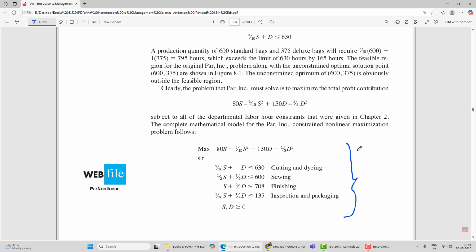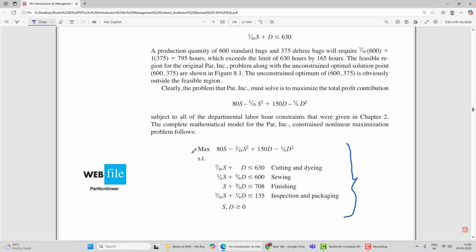So this is going to be my non-linear formulation. There is no change in my constraint equations from the original problem, so those remain the same, and maximize 80S minus 1 by 15 times S square plus 150D minus 1 by 5 times D square is going to be my objective function.